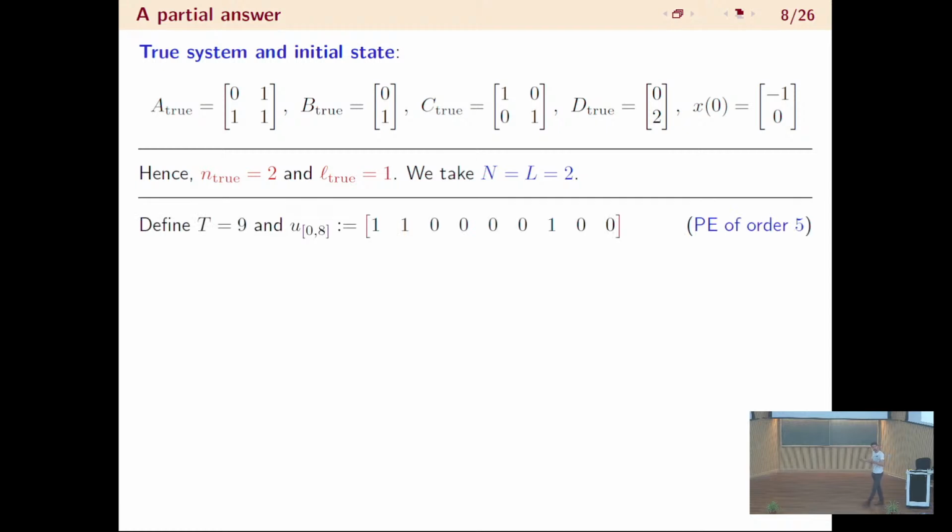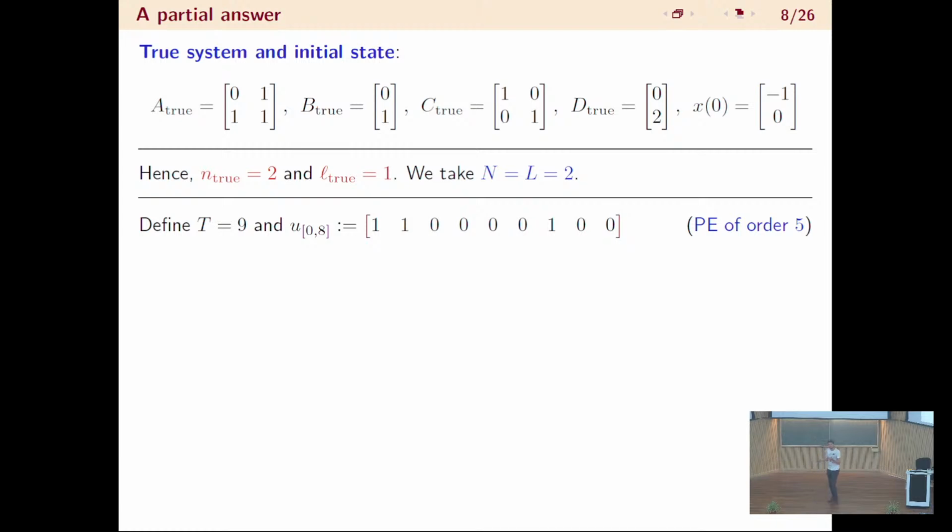What do I have to do to follow this pipeline that I highlighted in the previous slide? In this case, I need to choose T to be 9. U needs to be persistently exciting of order capital L plus capital N plus 1, so 5.